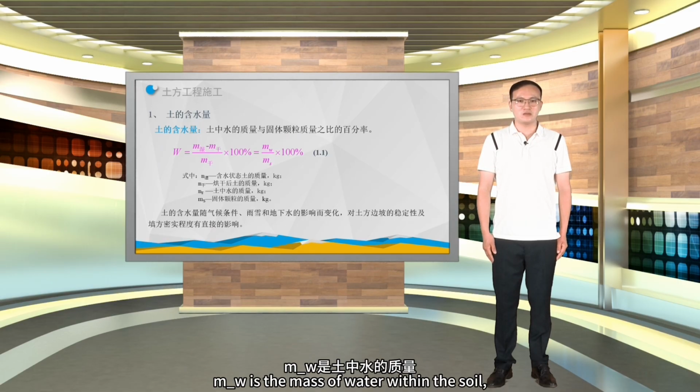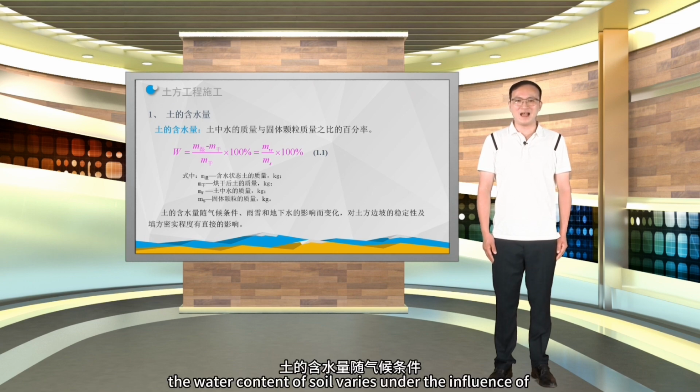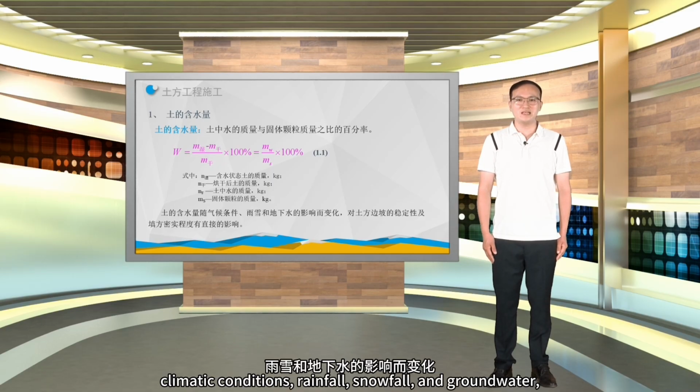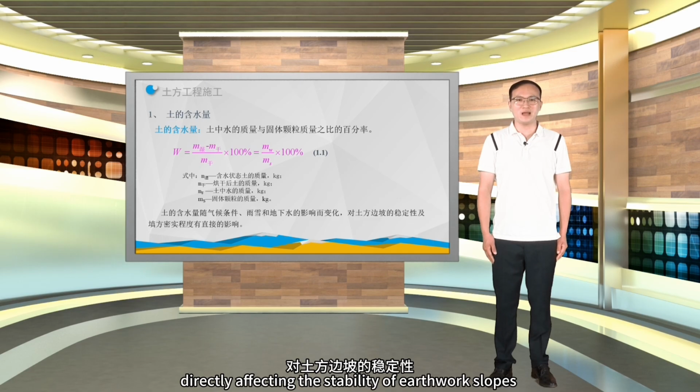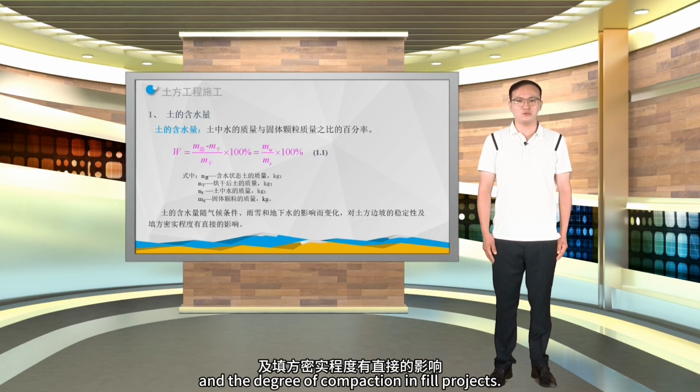M_w is the mass of water within the soil, and M_s refers to the mass of solid soil particles. It is important to emphasize that the water content of soil varies under the influence of climatic conditions, rainfall, snowfall, and groundwater, directly affecting the stability of earthwork slopes and the degree of compaction in fill projects.